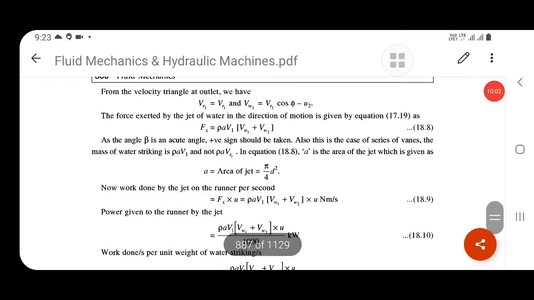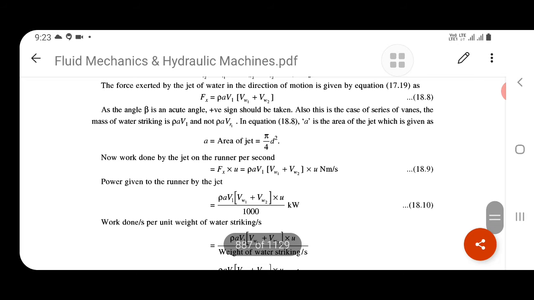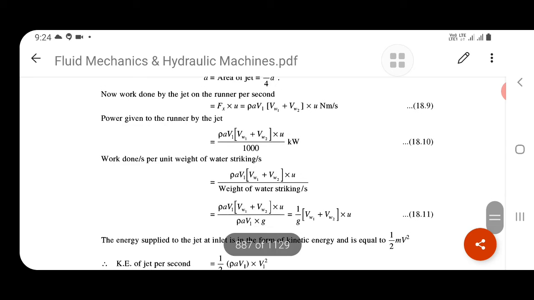So let's see the work done. That is, Fx is equal to rho a V1 (VW1 plus VW2) into U. So the power given to the runner is mass into velocity into U, in kilowatt. So rho a V1 (VW1 plus VW2) into U divided by 1000, that is in kilowatt. So work done per unit weight is rho a V1 (VW1 plus VW2) into U per weight.